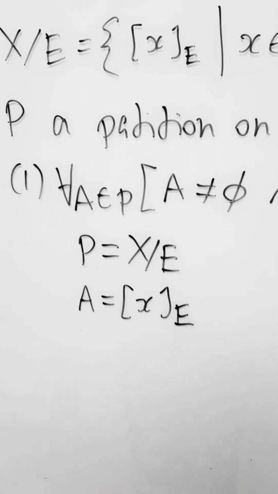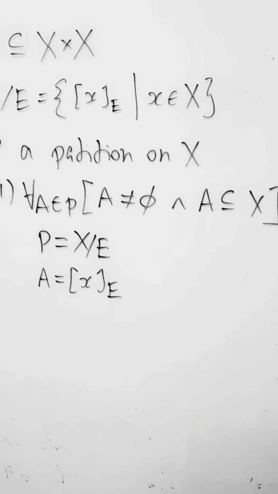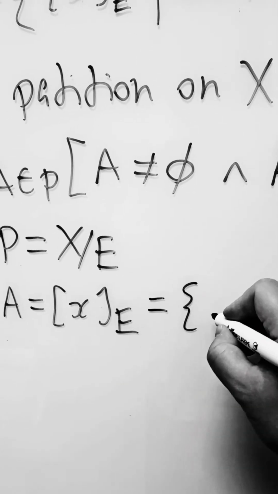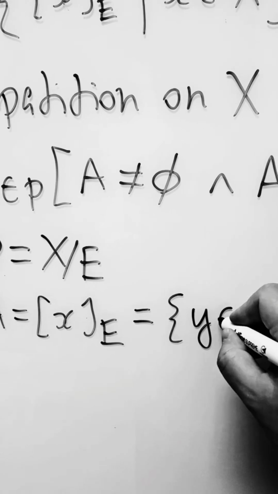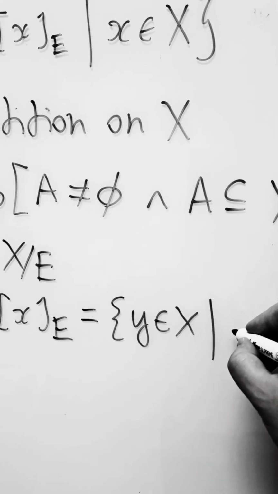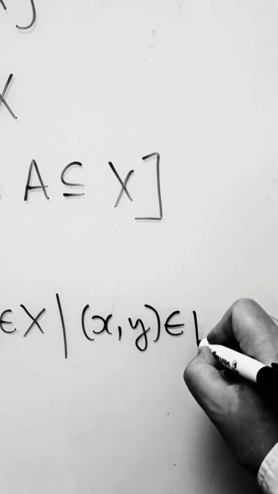But how is an equivalence relation generating an equivalence class? How is that concept defined? The equivalence class of an element x is the set of all possible elements y in X such that the pair xy is in the E relation.